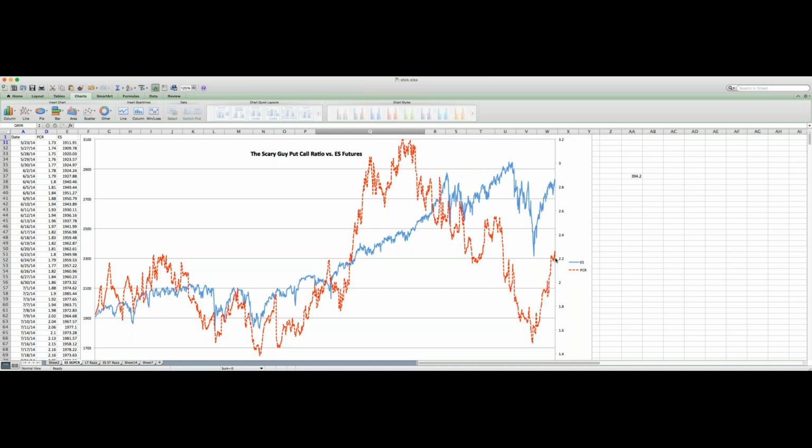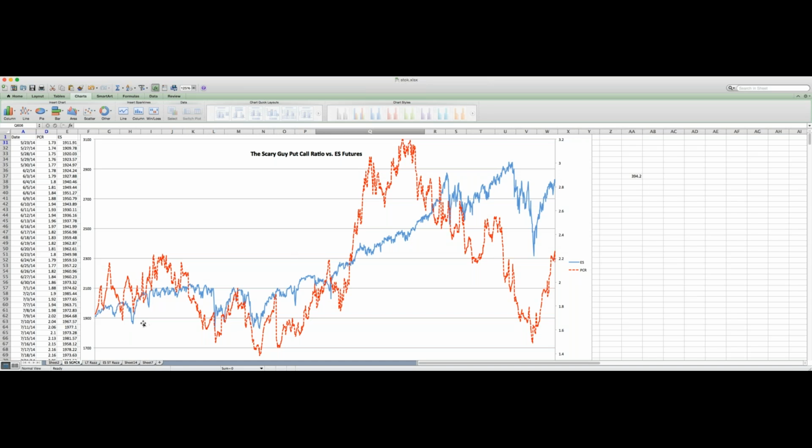So that tells me that we need to expect that whatever we're going to get next, the pullback is just going to be a wave two. And also the PCR has got room to go up to 3.2, which is where we had our earlier talk. So there's a lot of room for it to go higher, and it hasn't turned yet. So those are just clues that we can get based on the SGPCR.